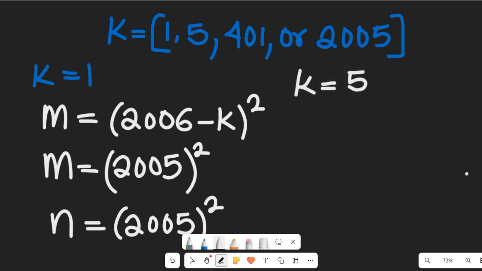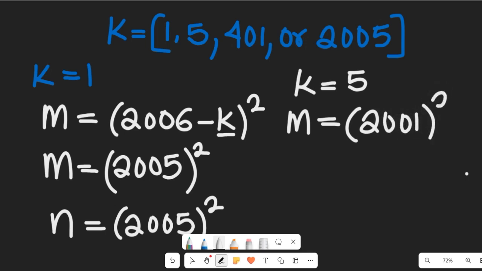So what if I insert the value of my k to be equal to 5? With my k equal to 5 into this expression, I can find my m to be equal to 2001 square.